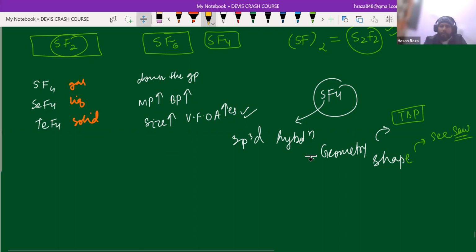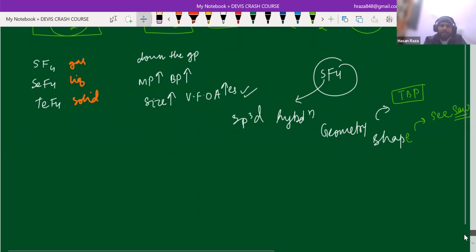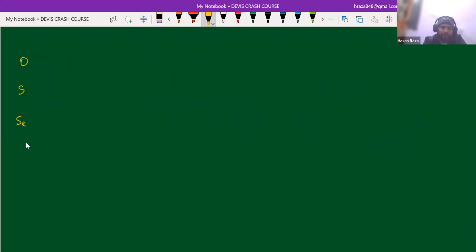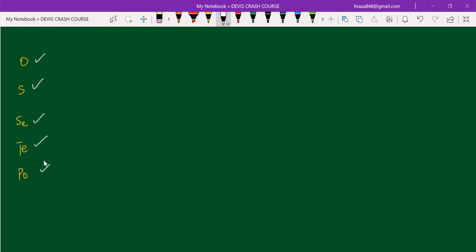For the oxygen family, you can remember this for sulfur, selenium, polonium. This is the oxygen family, and you know that oxygen is a gas, and then come solid, solid, and solid, because down the group size increases, and that's why the van der Waals force of attraction increases.